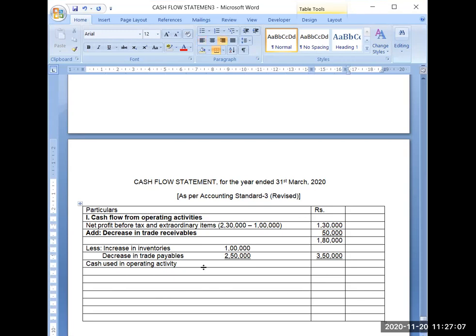And it will be 3,50,000 minus 1,80,000. So it will be minus 1,70,000. So that's why it will be in brackets.